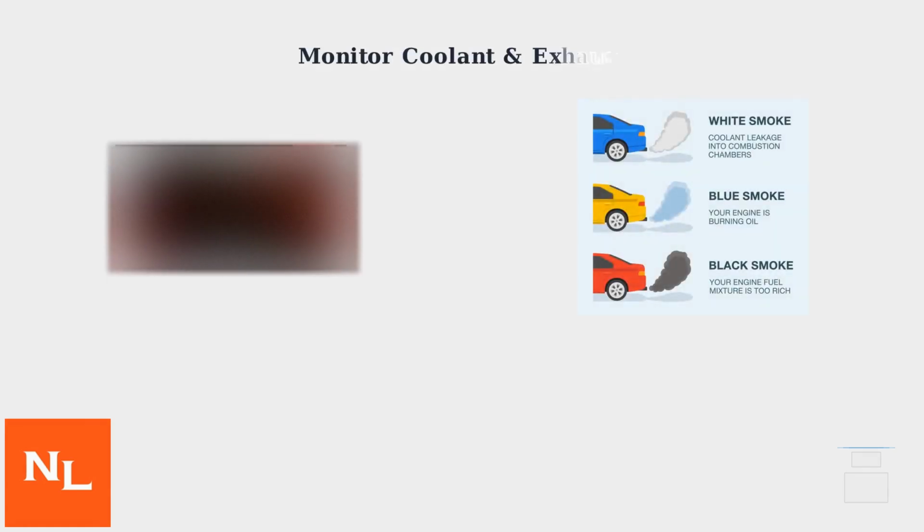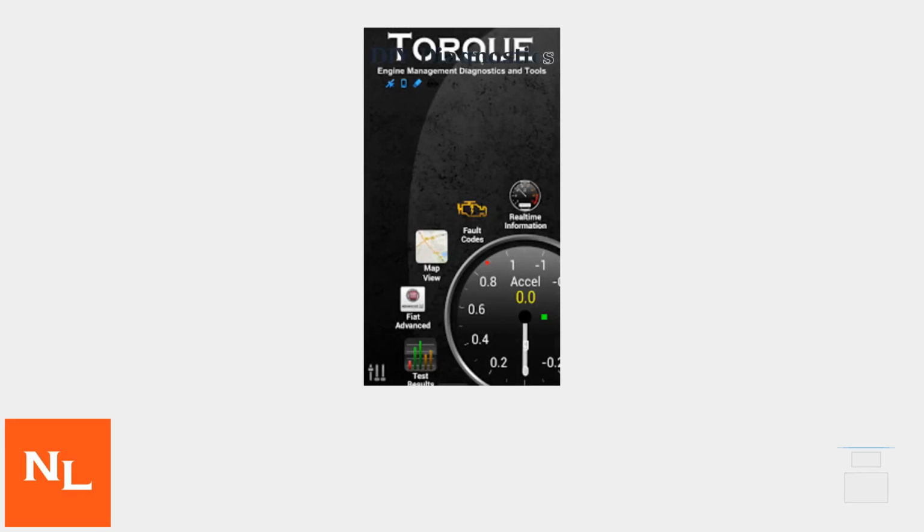Monitor coolant levels regularly and watch for signs of overheating or unusual exhaust smoke. Low coolant can indicate leaks, while white smoke suggests coolant entering cylinders and burning. For DIY diagnostics, consider using apps like Torque Pro that connect to your vehicle's OBD2 system. These apps can read fault codes and provide real-time data to help identify potential intake manifold issues early.